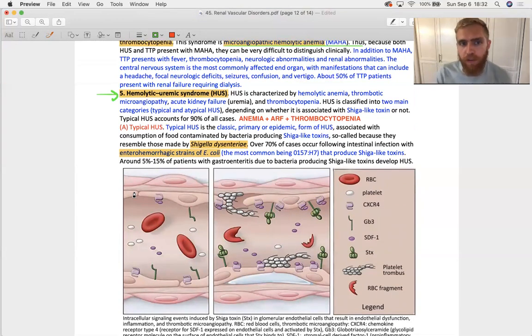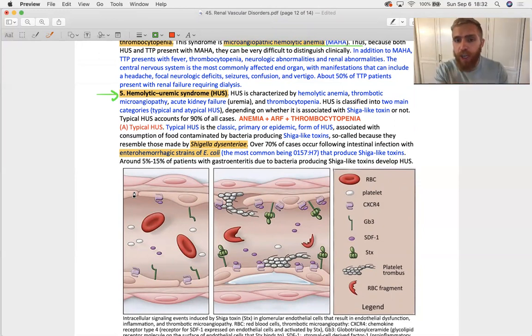Now, there's something else that's different about HUS too. You get it in kids, young kids, and they get it after they have an upset stomach. And the upset stomach is typically Shigella or E. coli or Strep pneumo, one of those big three. And so the bacteria hits their stomach, but it persists and it gets into their kidneys. And the toxin that these bacteria produce gets into their kidneys.